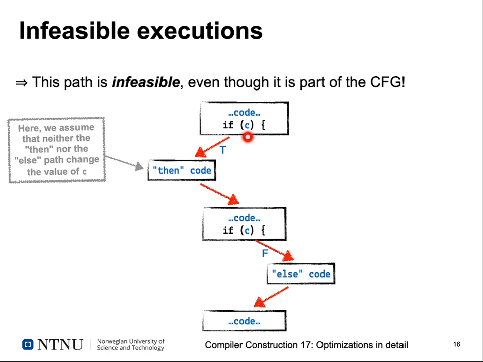So if the value of C is, for example, true, we would always take the left part, which is not shown here, for the second if statement, and if the value of C is false, we would always take the right side part here. But there is no way through our program that could actually execute a path like this, because this would imply that the value of C had changed between our first and second if statement, which is something we explicitly excluded in our assumptions here.